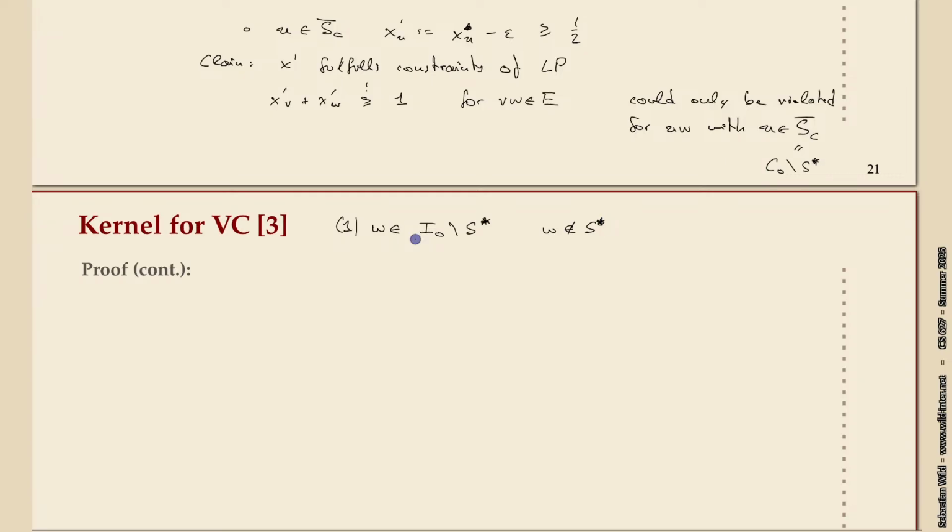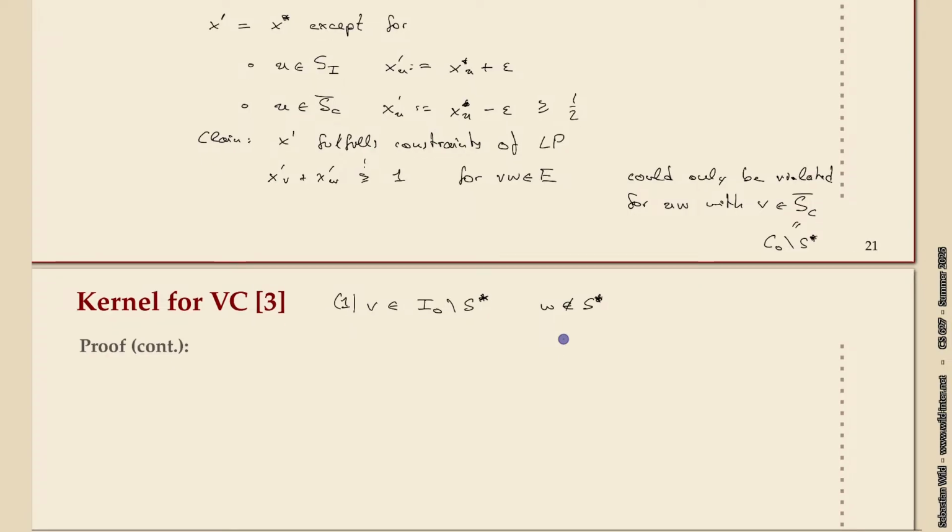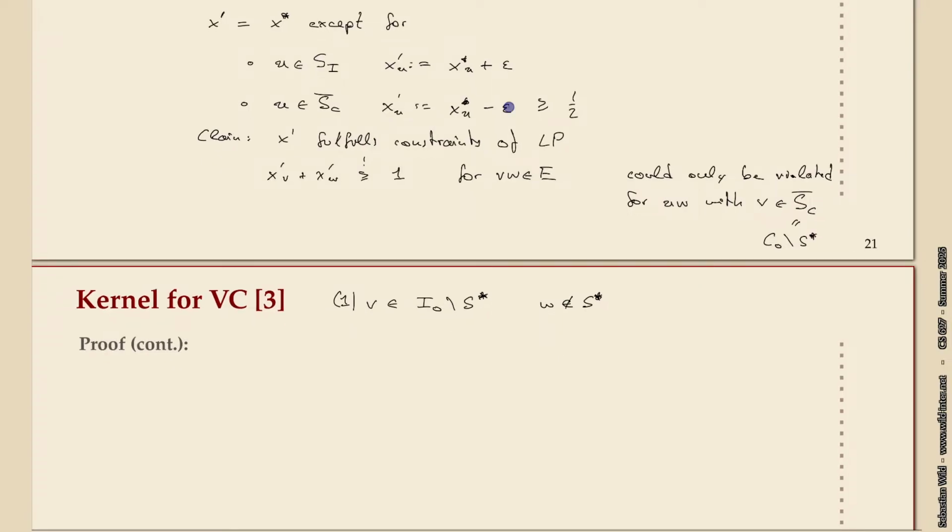So sorry, I think this is V. I've changed names here. So let's say the vertex that we look at is V. That's the one. You could only violate this constraint for an edge where one endpoint is among those where we subtract something from XV. That must be in SC bar.